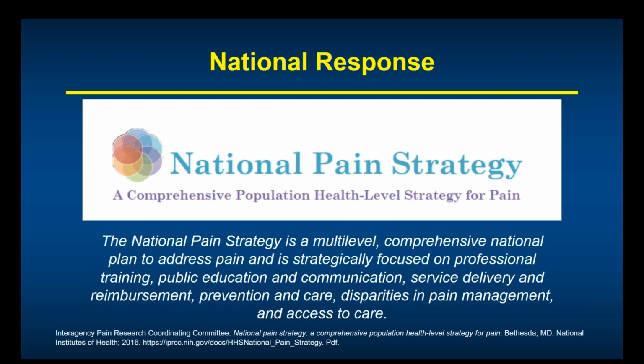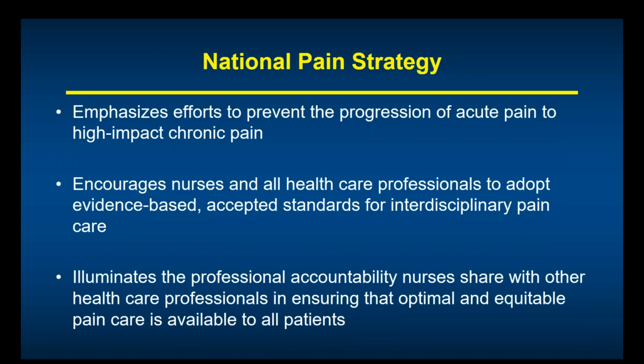And drilling down into this comprehensive national report that is to really guide our efforts in pain management, there are 3 points that I'd like to make. One is that the National Pain Strategy emphasizes the prevention of the progression of acute pain to high-impact chronic pain. There's no question that this is a national priority.